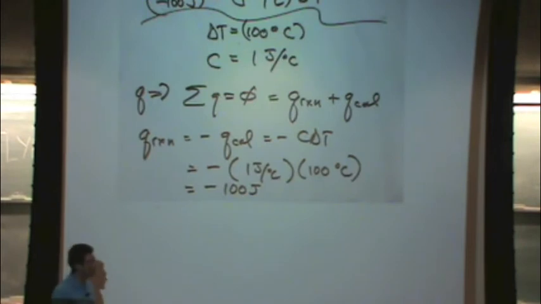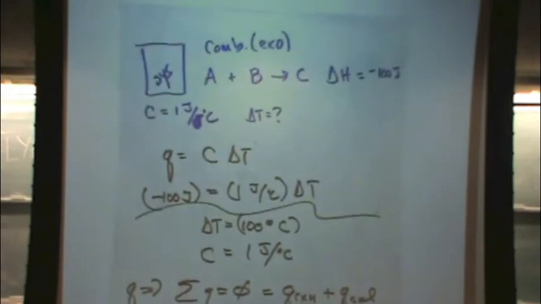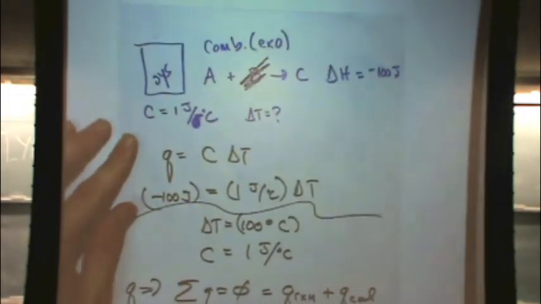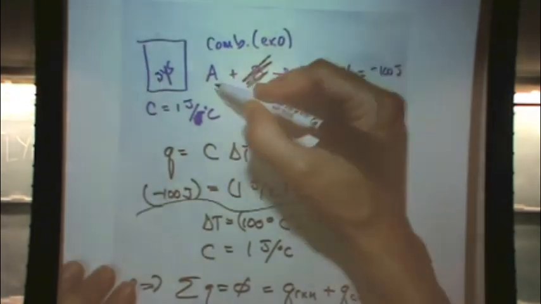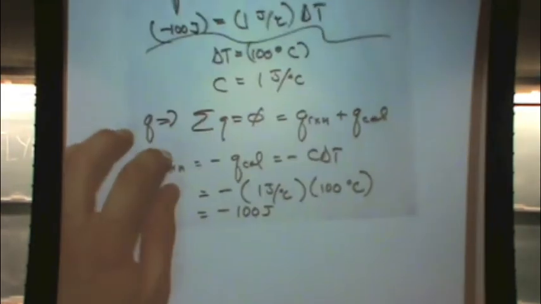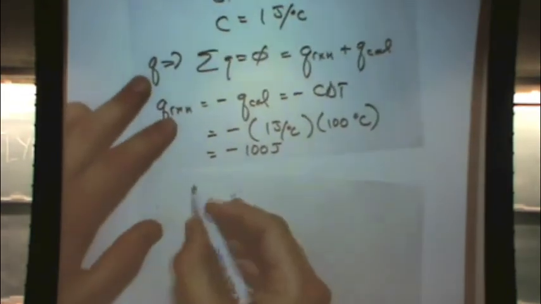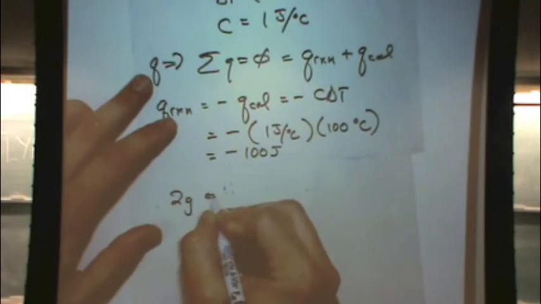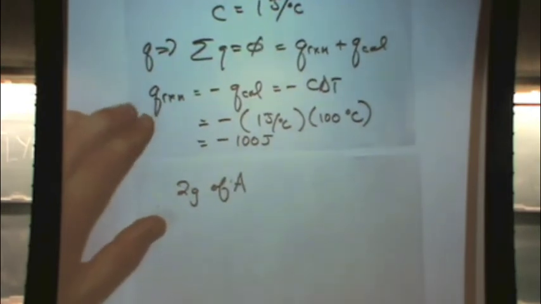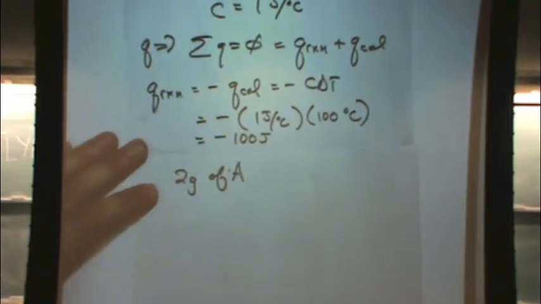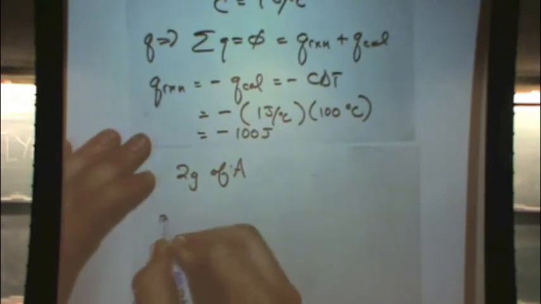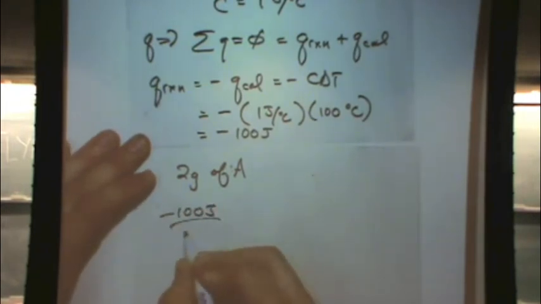However, sometimes they'll say, what's the energy per gram of reactant? So in our case, let's say we had 2 grams of A, and I wanted to know the energy, or Q of reaction, per gram of A. You would just take one extra step, and this is not unusual to happen.